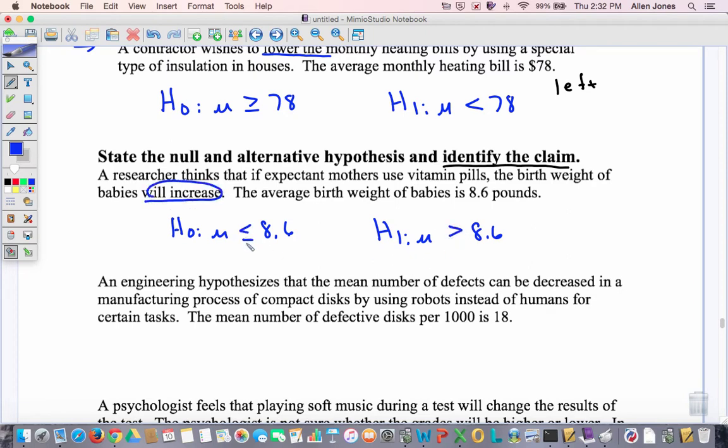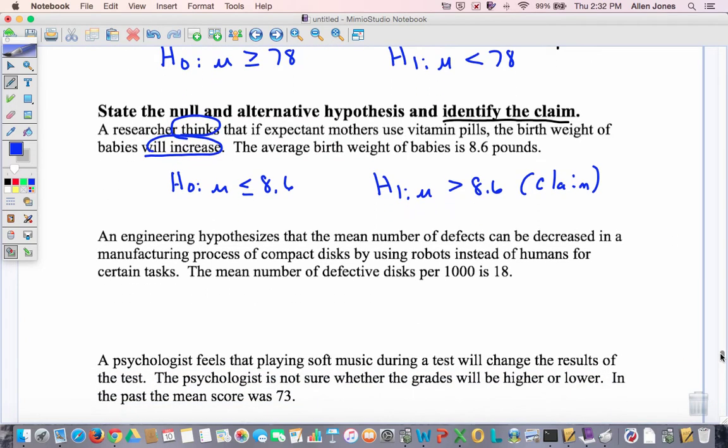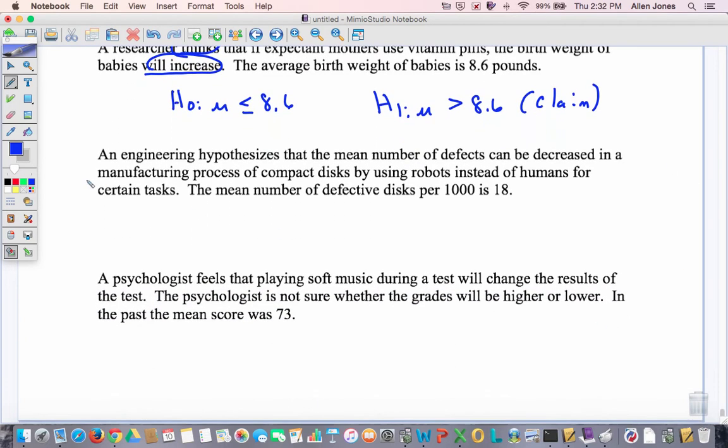And our researcher thinks that the birth weight will increase, so greater than, less than, or equal to. And because our researcher thinks that the birth weight will increase, this is the claim that once we get through our five-step process, we'll go ahead and investigate. So we've identified our claim as well as writing our two hypotheses.